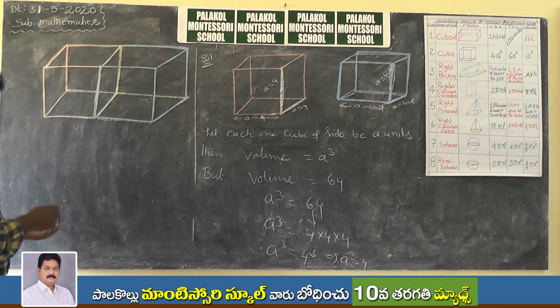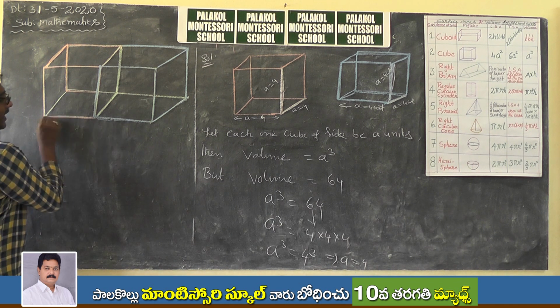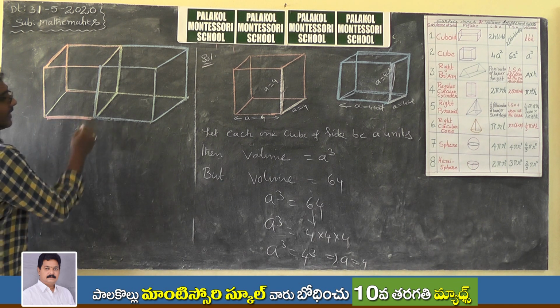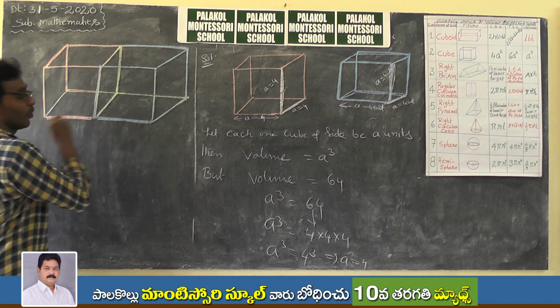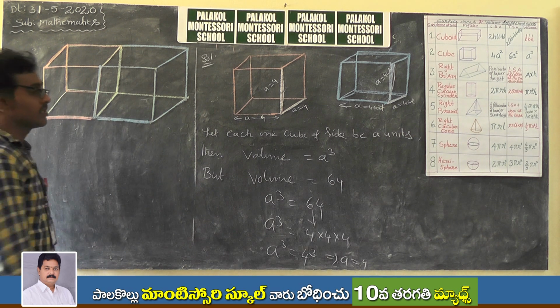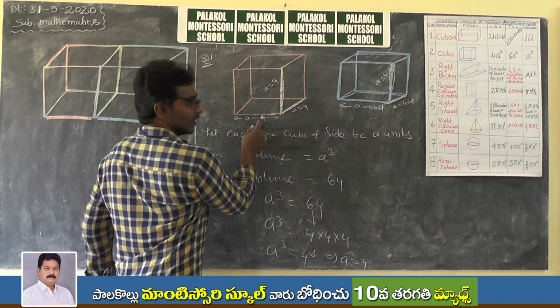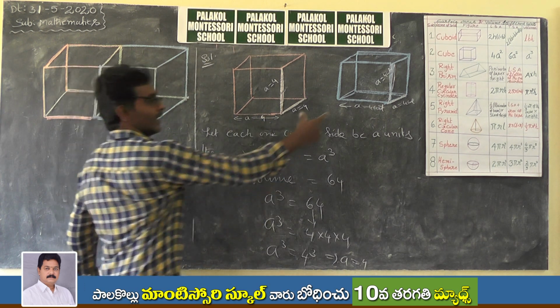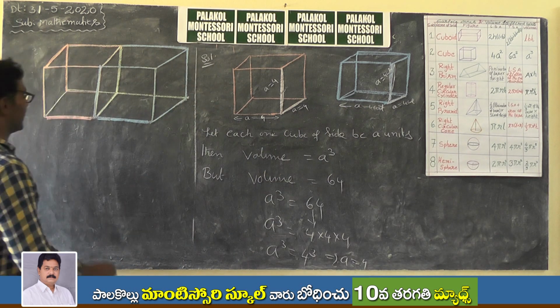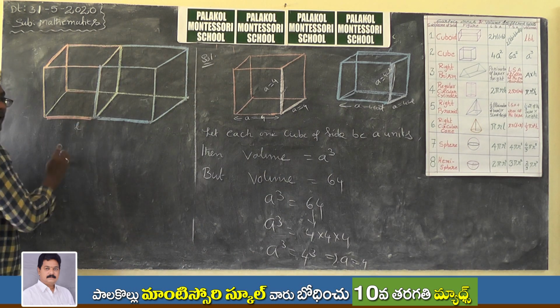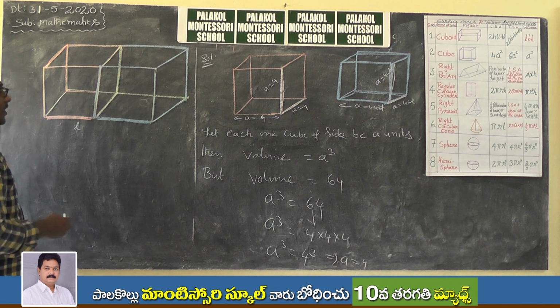Okay, here see, end to end together. This is an important point. What is this length? A is equal to 4. What is this length? A is equal to 4. In the cuboid, let's take out the L, the length of the cuboid.